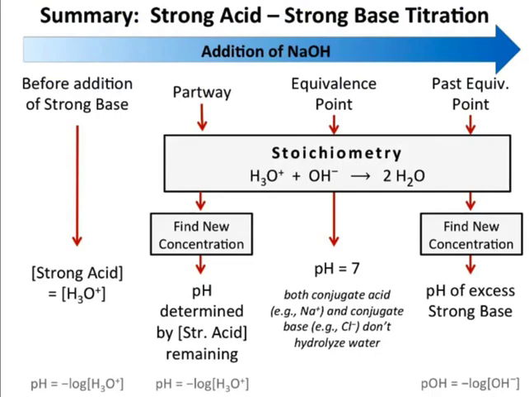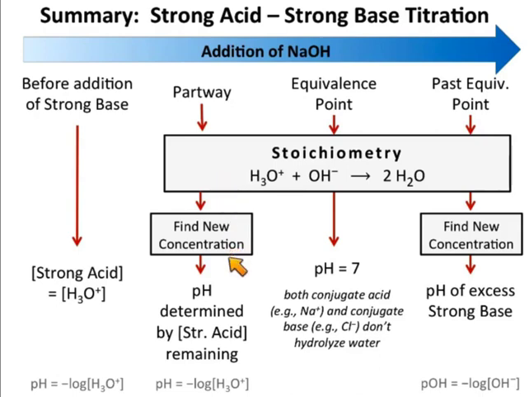Here's another way to look at it. Hopefully this is helpful. So your strong acid is down in the flask, and you're dropping in the strong base. And the amount of base goes along this way. So before you add the strong base, again, your pH is determined just by the acid concentration. Partway along, you have to do stoichiometry to figure out how much of your acid has been neutralized already.